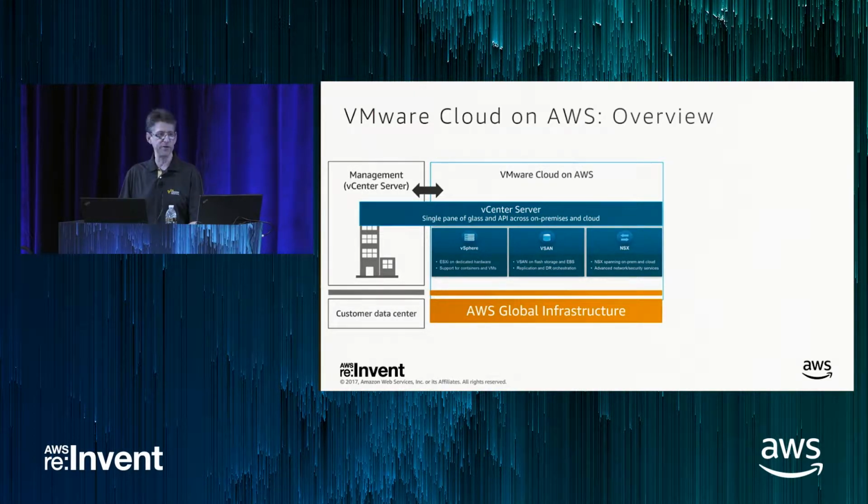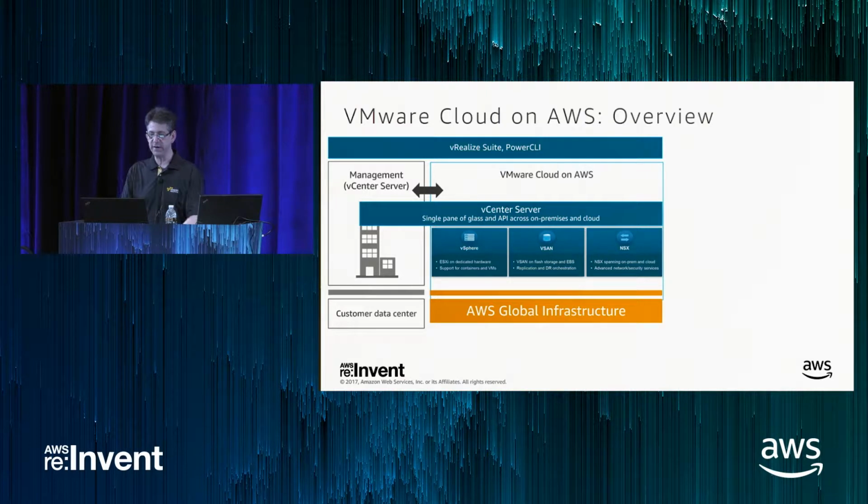So you have a single management interface that represents both the virtual machines and the hosts that are running on AWS. AWS just looks like another site to vCenter, and that site is listed and portrayed as a peer to the sites that you have running on premises or in multiple data centers in your corporation.